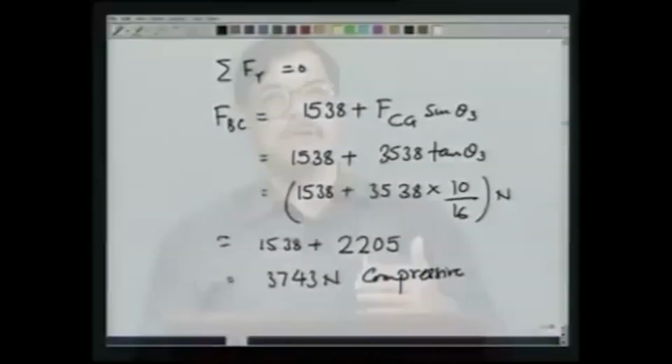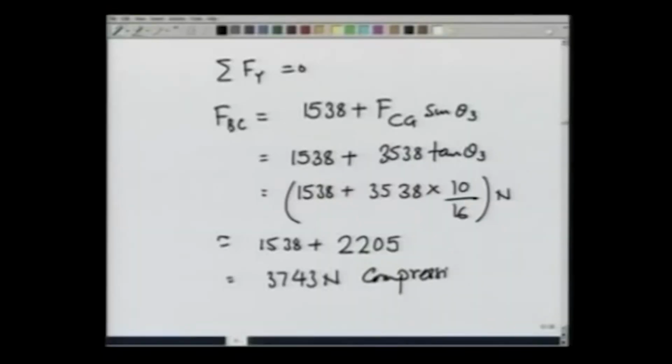So we have calculated forces up to GC and BC. If I know other angles, I can go further and calculate all the forces in all the members.